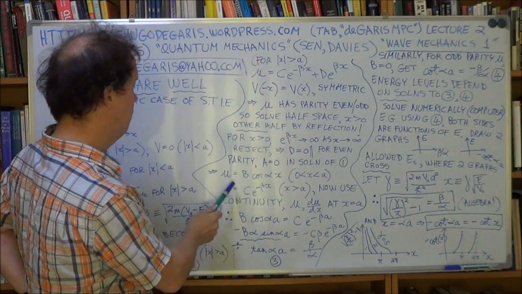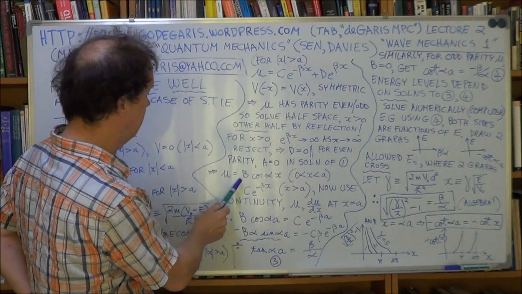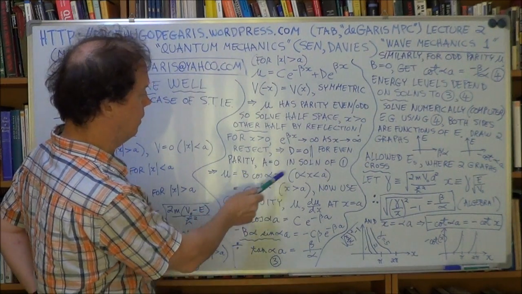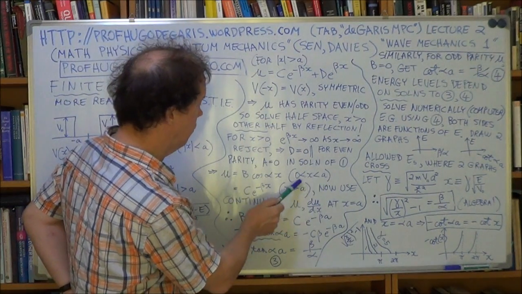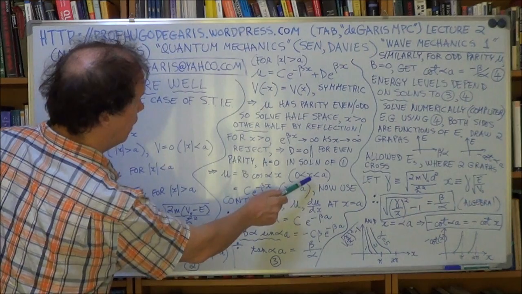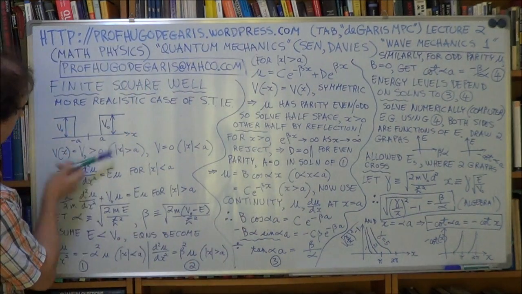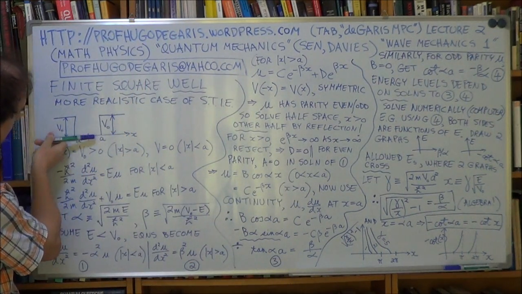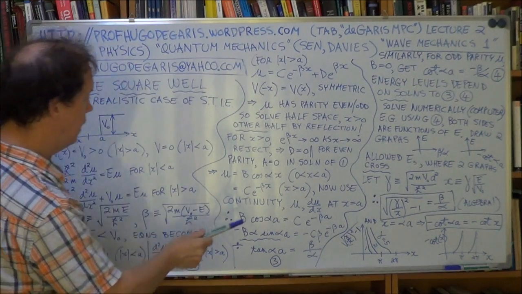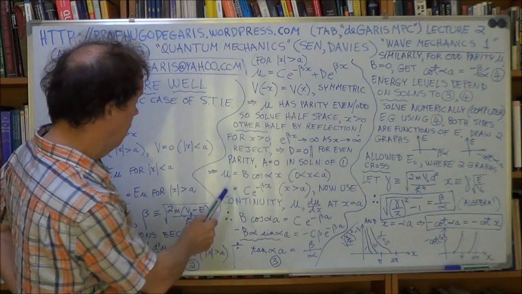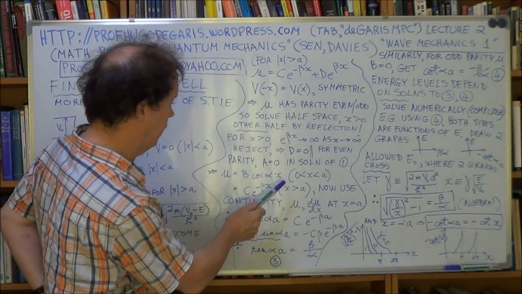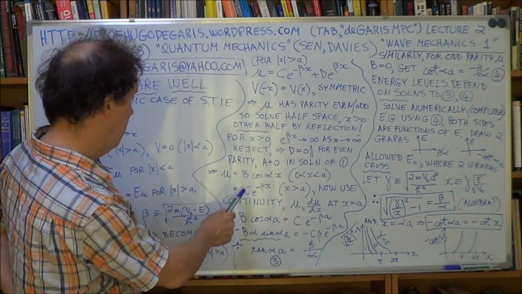So we're left now with U is B cos alpha x in this region, between 0 and a. So we're talking about from here to here, and in that region the solution U, your wave function, is of the form B cos alpha x.